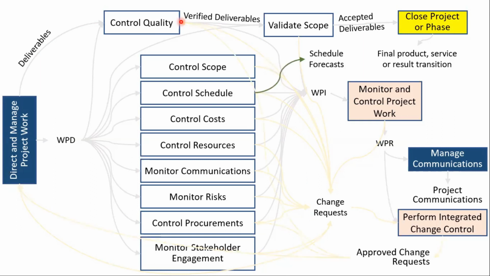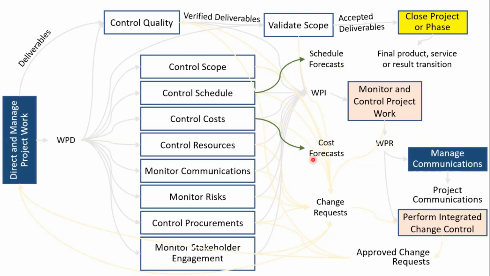Now let's move to the next one, where the control schedule and control cost processes generate the forecasts. These are the two special outputs from these two processes. When you monitor the schedule, finally you will give an output called schedule forecast.